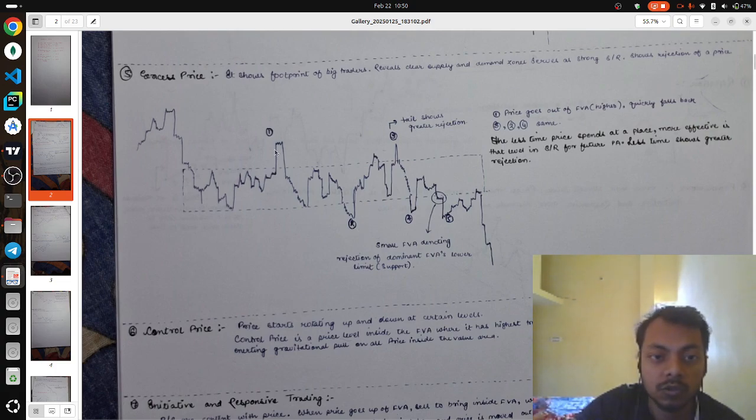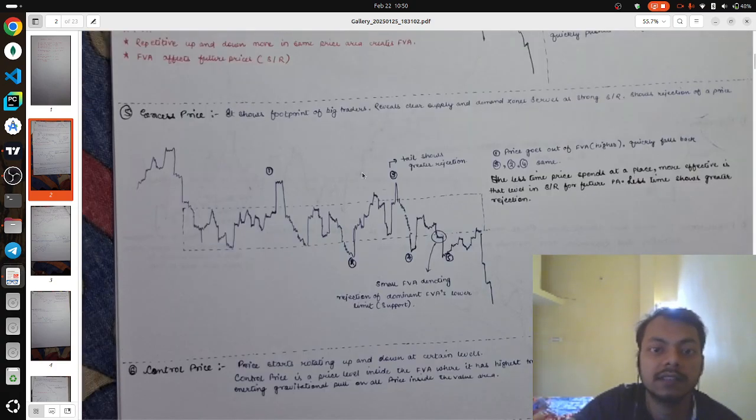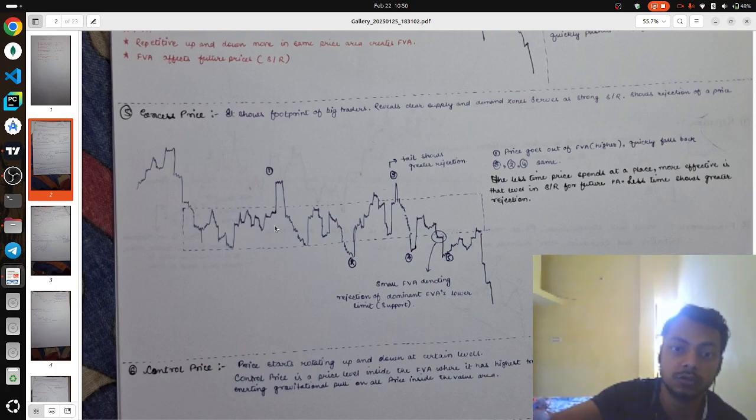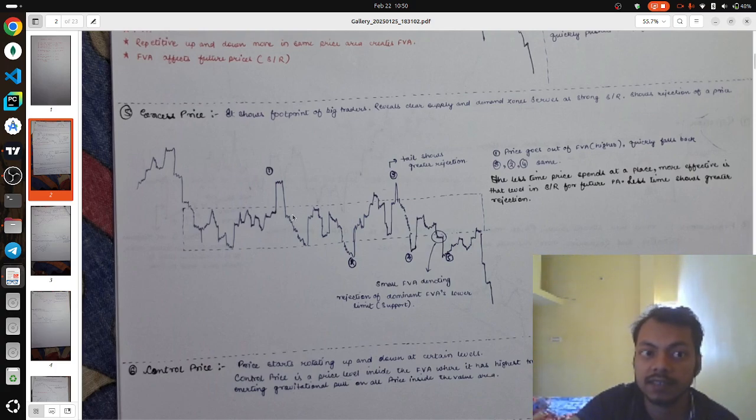However, it does not stay there for long. It is swiftly brought back inside the rectangular box, and this pattern is known as excess. Price went outside the area but could not sustain outside it. It was quickly brought back inside, and that creates an excess price.